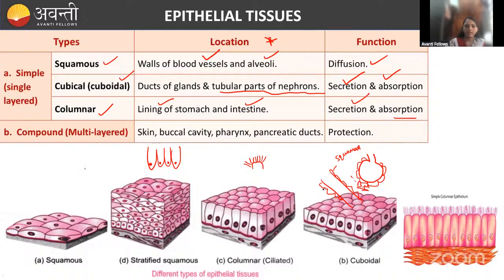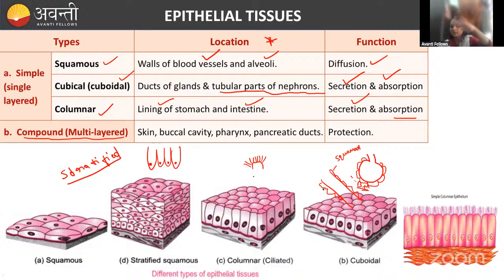Okay. Then coming to the compound epithelium. I already told you the compound epithelium is multi-layered, meaning more than one layer, right? So here you can see that we also call it stratified. Strata means layer. I think in ecology you also studied stratification, right?